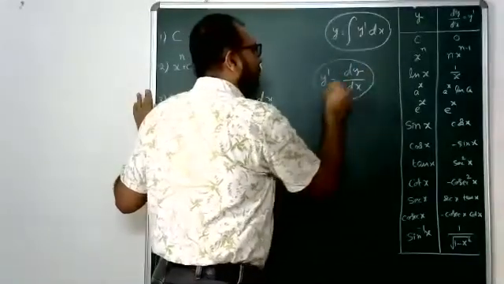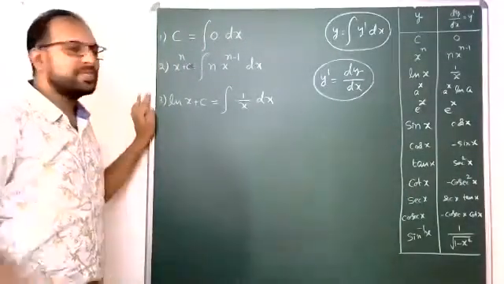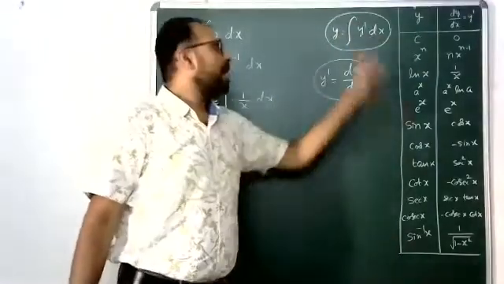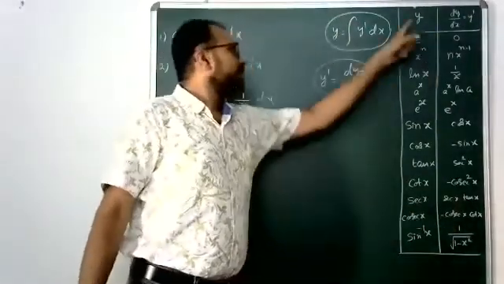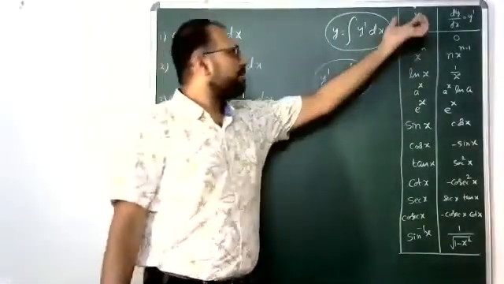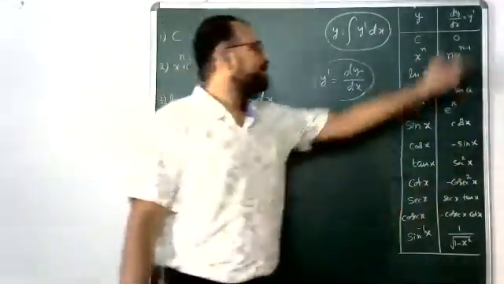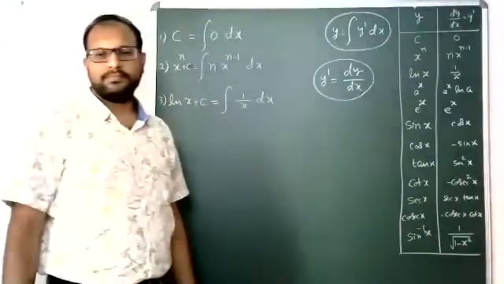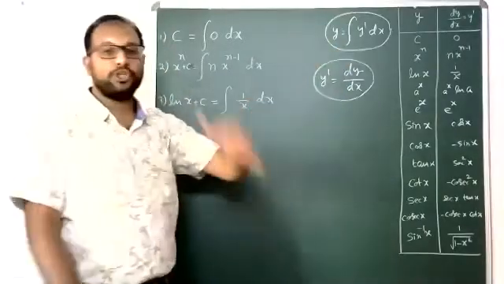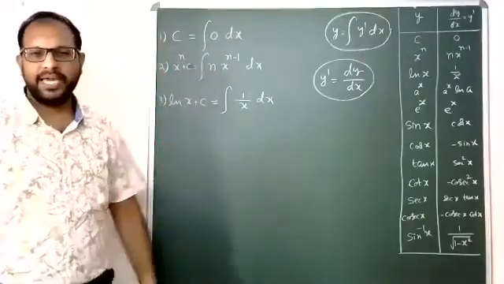Y prime is these functions, y is these functions. Now the opposite, y equals integral of y prime dx. All y prime here, y is nothing but this: derivatives of these functions, integrands of these functions. So both are now complete. That was the last topic, this is the present topic. Now I am explaining again the second one. Okay.